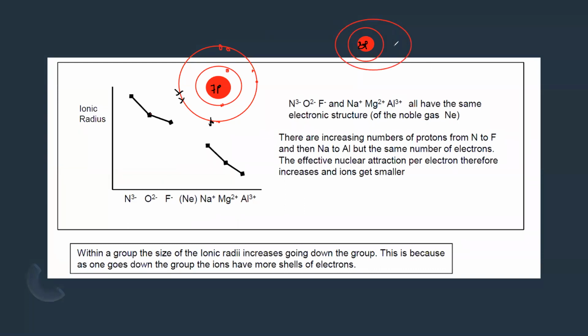So comparatively, oxygen will have a greater attraction because of greater nuclear charge as compared to that of nitrogen. That's why, if attraction is more, size will be smaller. If attraction is weak, size will be bigger or larger.